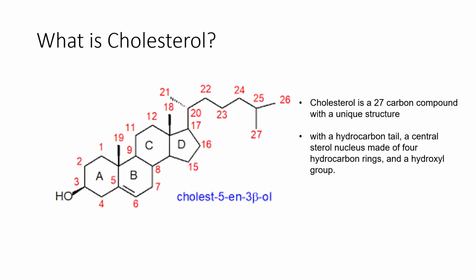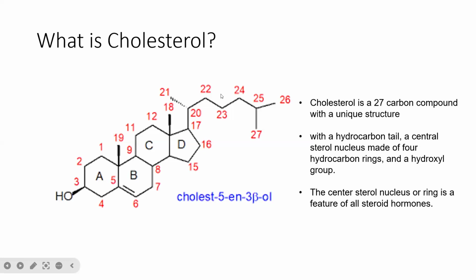Then it has got four hydrocarbon rings and a hydroxyl group attached. You can see over here the hydroxyl group. So the center of the ring is a feature of all the steroid hormones. Now, this is basically the basics of what the cholesterol structure is and what it actually is.